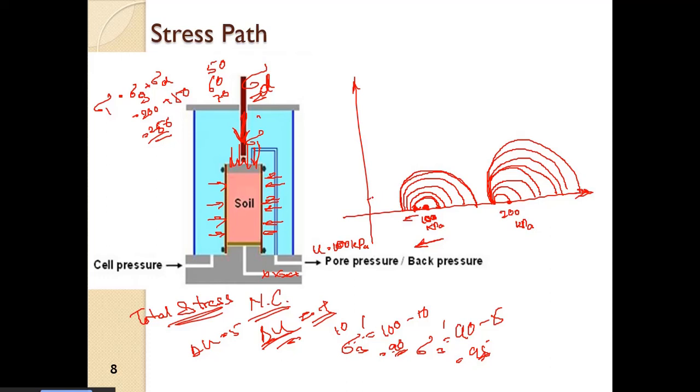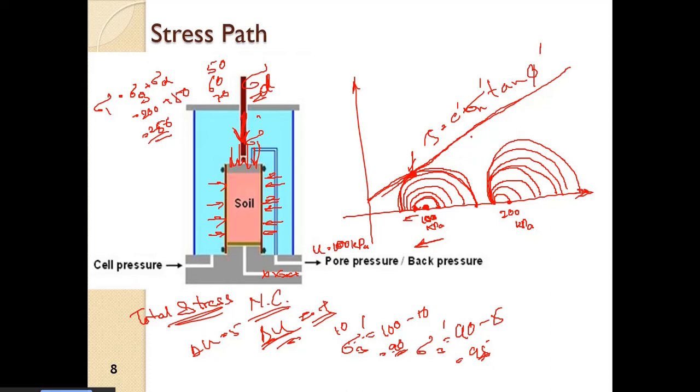And ultimately the soil will fail at this state, when this Mohr circle touches this failure surface, which is tau equal to c dash plus sigma n dash tan phi dash.